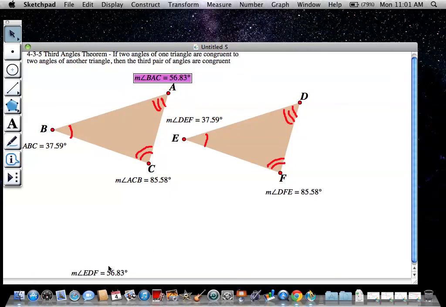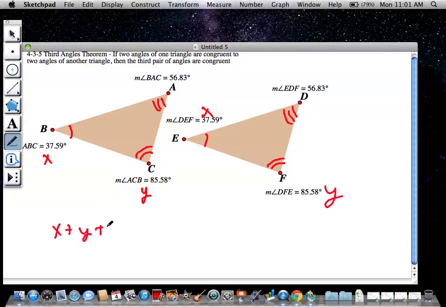BAC, 56.83. EDF, 56.83. These two angles plus this one add up to 180. So let's say this was X, this was Y. So therefore, since they're the same, this is X and this is Y. So X plus Y plus the measure of angle A equals 180, because all triangles add up to 180.